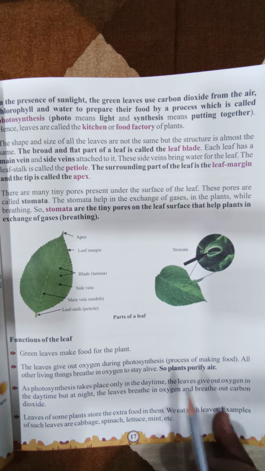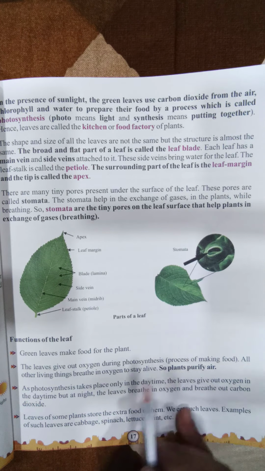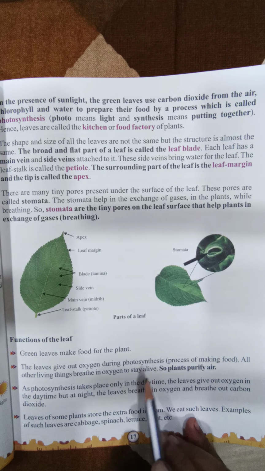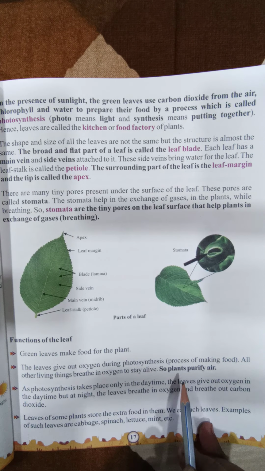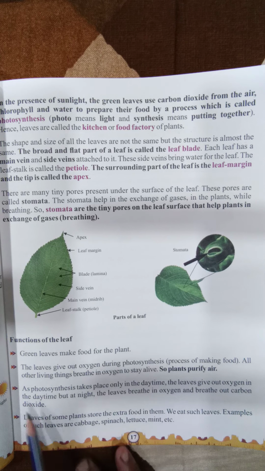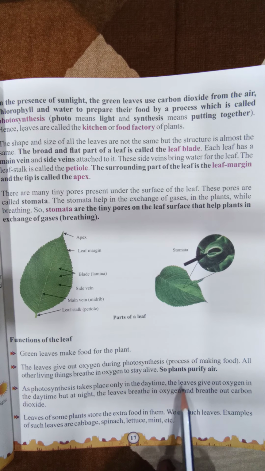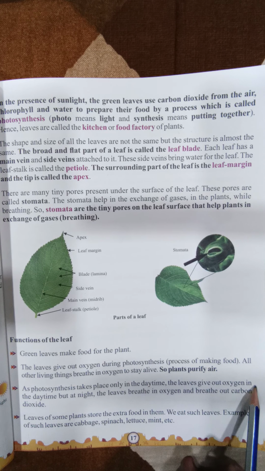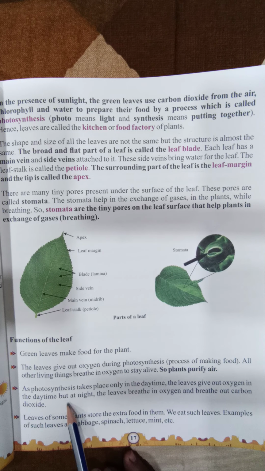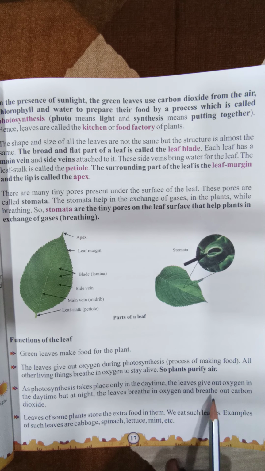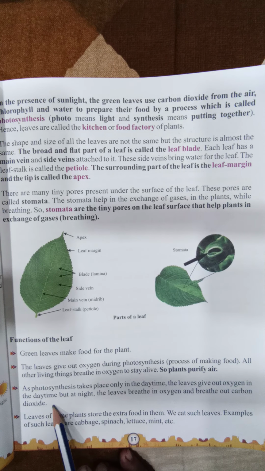So the function of the leaf is photosynthesis. Through this photosynthesis we get pure air. Okay, and these green leaves make the food for the plant. As photosynthesis takes place only in the daytime, the leaves give out oxygen in the daytime. But at night, the leaf breathes in the oxygen and breathes out the carbon dioxide.